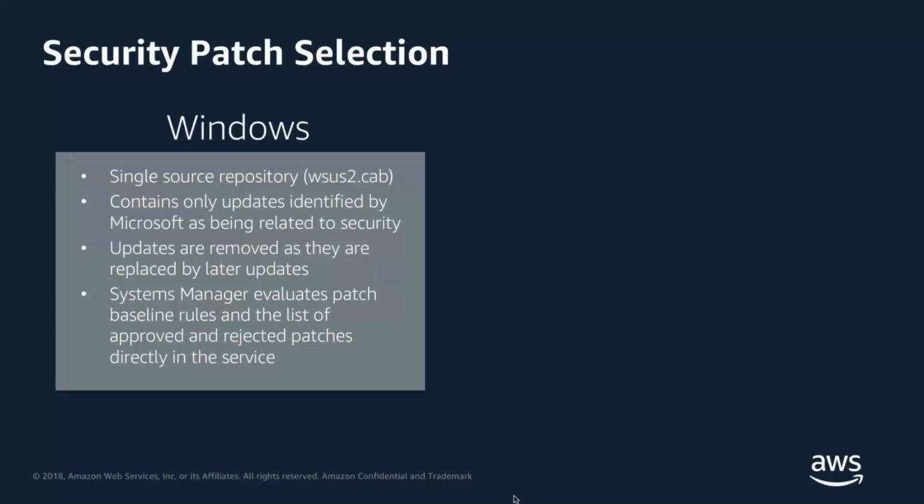As the information is processed in this file, Patch Manager also removes updates that have been replaced by later updates. Therefore, only the most recent update is displayed and made available for installation. For Windows patching, Systems Manager evaluates patch baselines, rules, and lists of approved and rejected patches directly in the service. It can do so because Windows patches are pulled from a single repository.